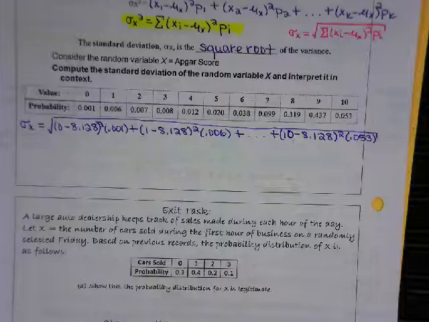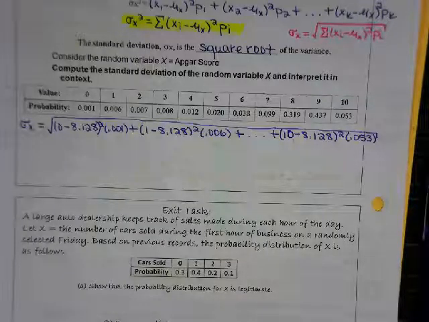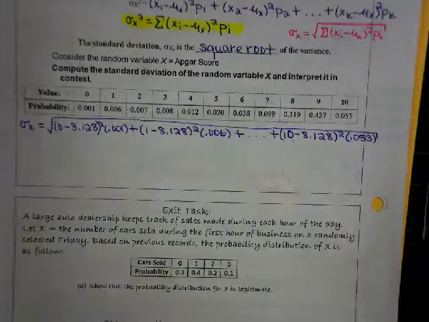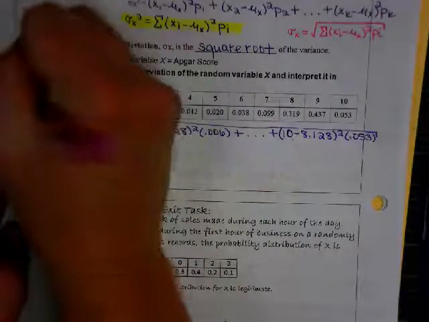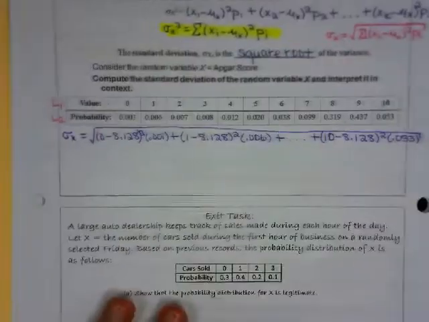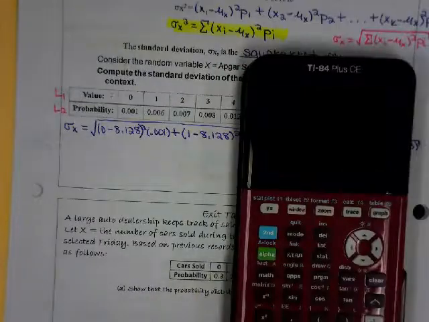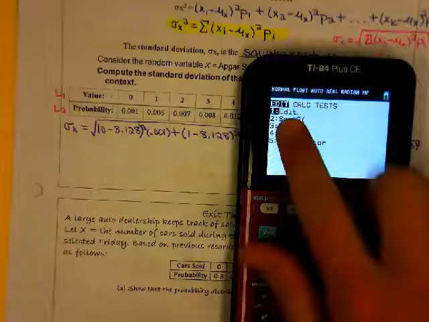So you should still have the APGAR scores in list 1, their probabilities in list 2. You want to hit stat, go over to calc, and choose 1-var stats, which seems a little odd because we do have 2 lists.